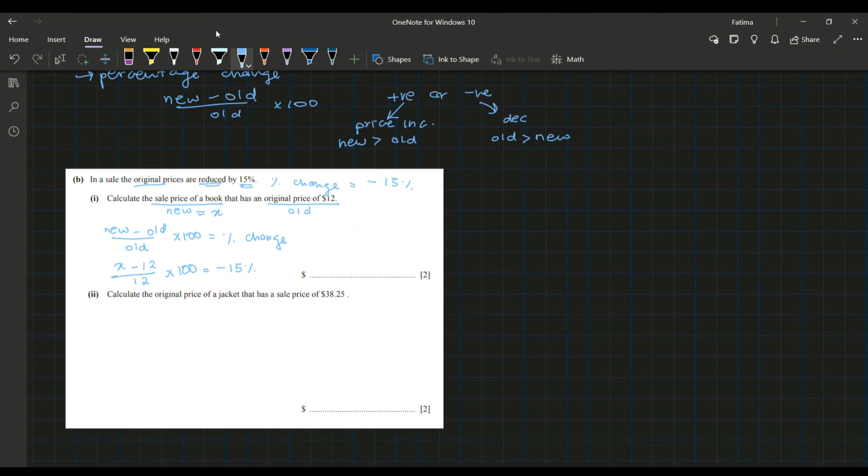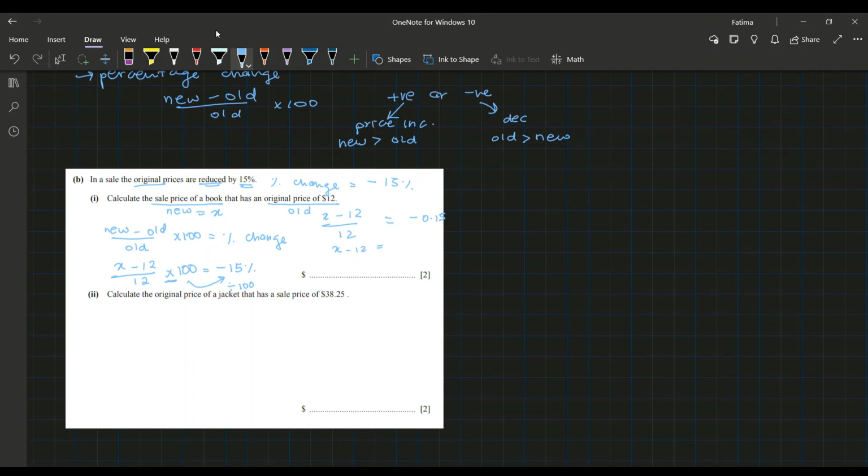So now we would simply solve for x as usual. This would become x minus 12 upon 12 is equal to minus 0.15 because it's negative 15. That will be divided by 100 because here it's being multiplied by 100, so when it goes to the right hand side it will be divided by 100. And now x minus 12 is equal to negative 0.15 into 12.